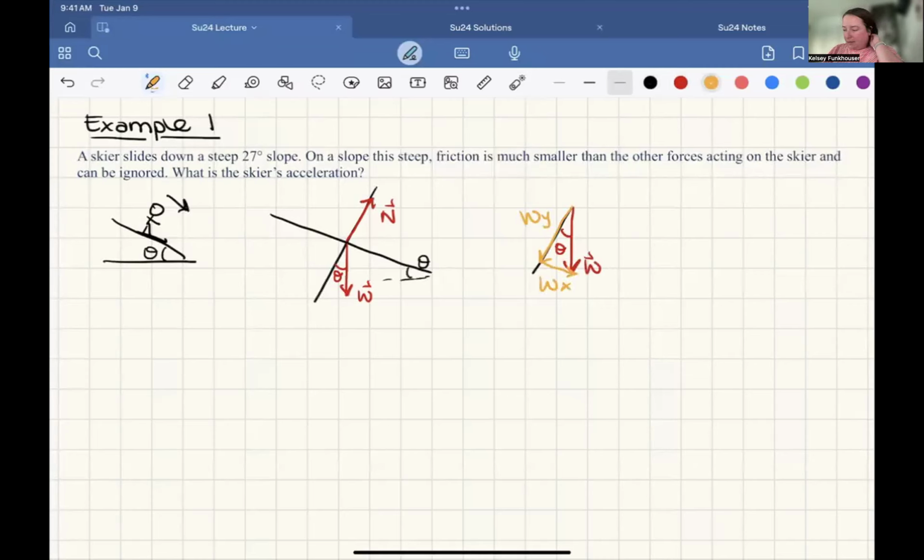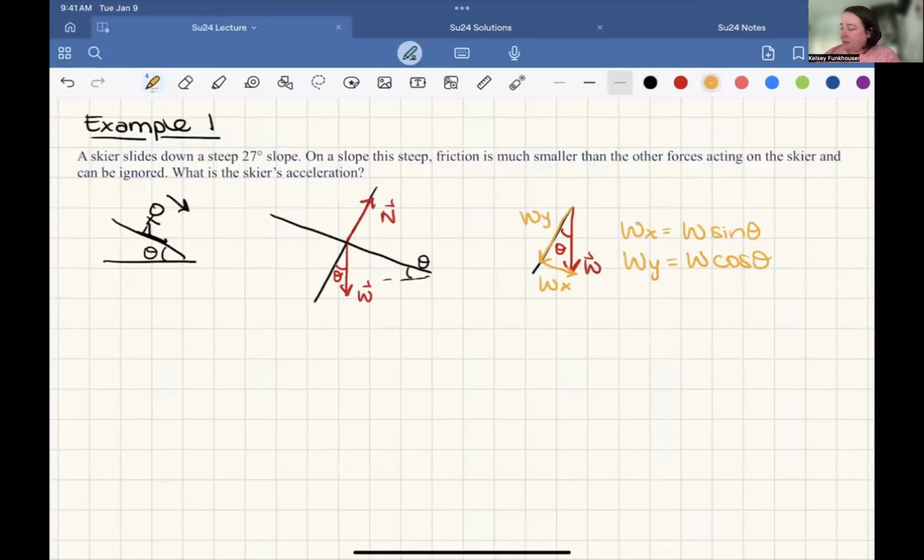And we can see that the x component is opposite the angle. That means it's sine. So weight x is the weight times sine theta. And then the y component is adjacent, so it is cosine: weight cosine theta.